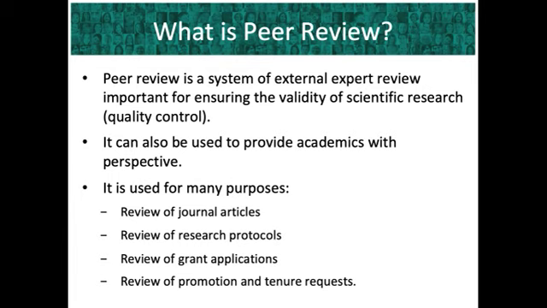Finally, personal and professional advancement is often based on the ability to get articles published in peer-reviewed journals and to get grants, and thus peer review is also an important part of the promotion and tenure process.